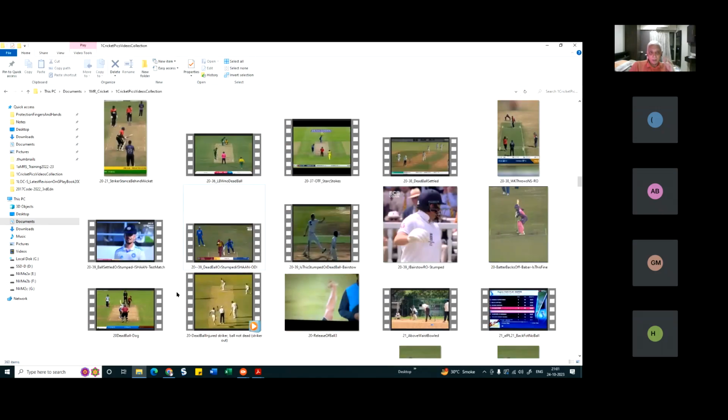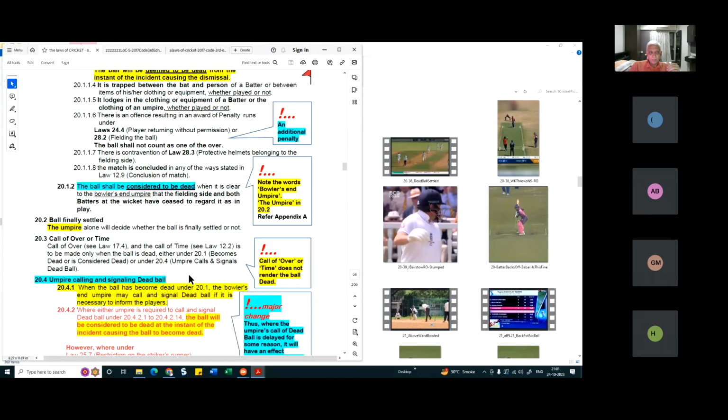It was a very bad case, that one. Or even in this one, that Pakistani young boys, the bowler's end umpire could have said dead ball and finished off the matter there. I suggest that is a good practice to follow. That is what I think.